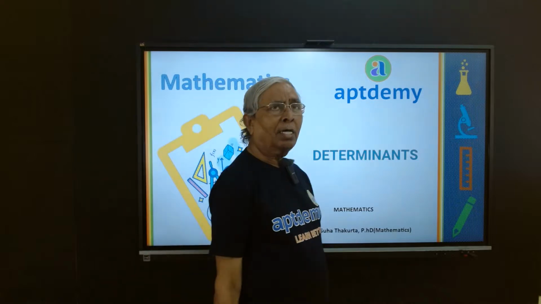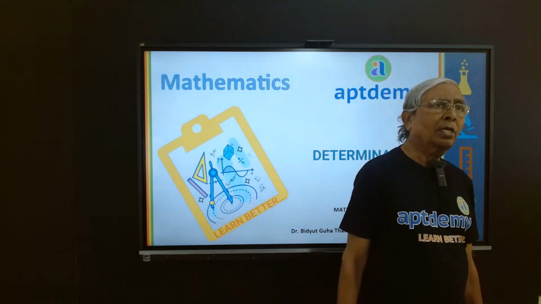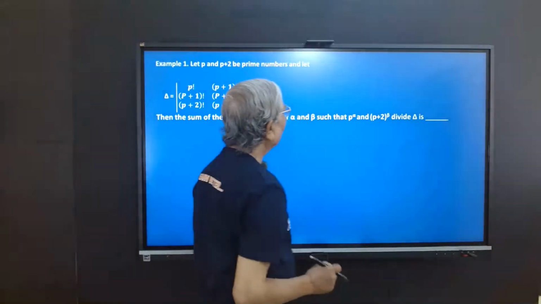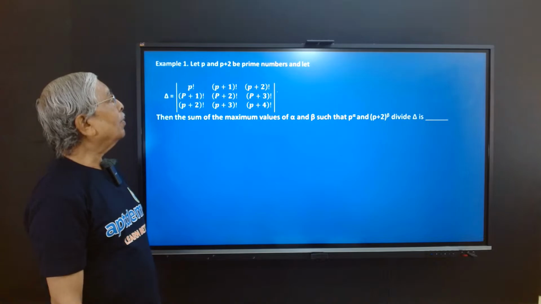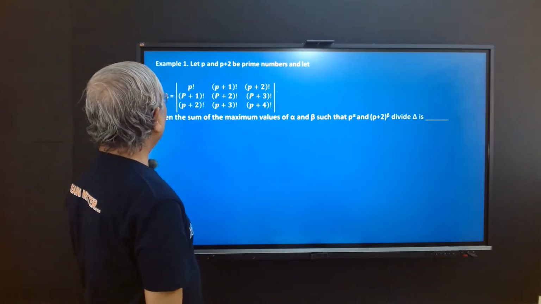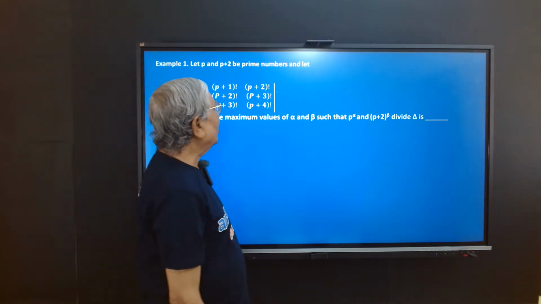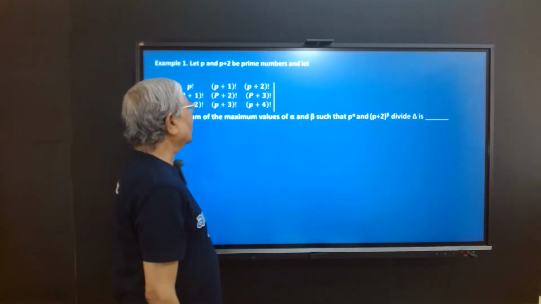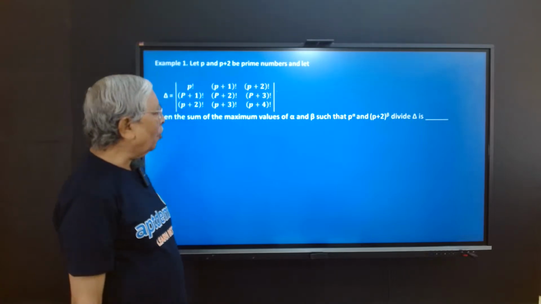Now I shall start the problems on determinants. Problem number 1. Example 1. Let p and p plus 2 be prime numbers and let determinant delta be equal to factorial p, factorial p plus 1, factorial p plus 2; next factorial p plus 1, factorial p plus 2, factorial p plus 3; next factorial p plus 2, factorial p plus 3, and factorial p plus 4.